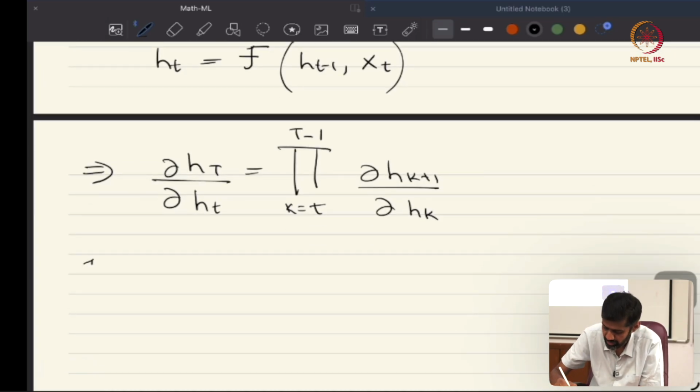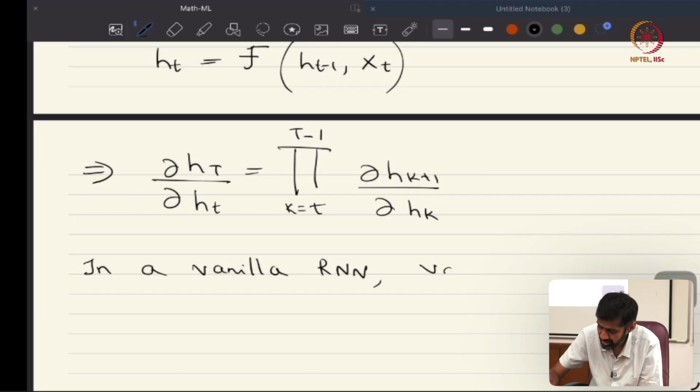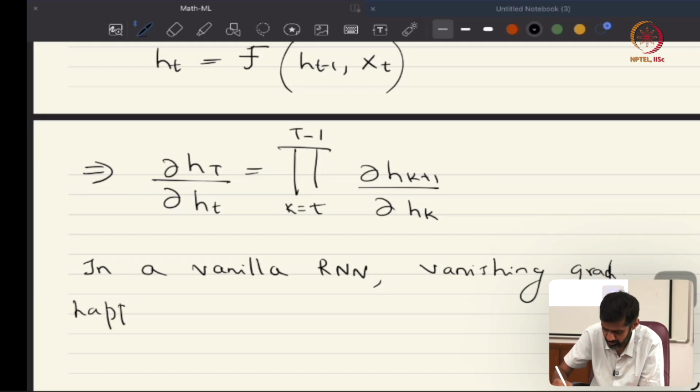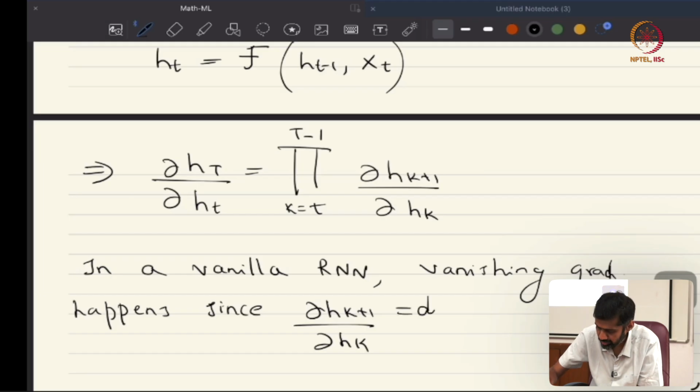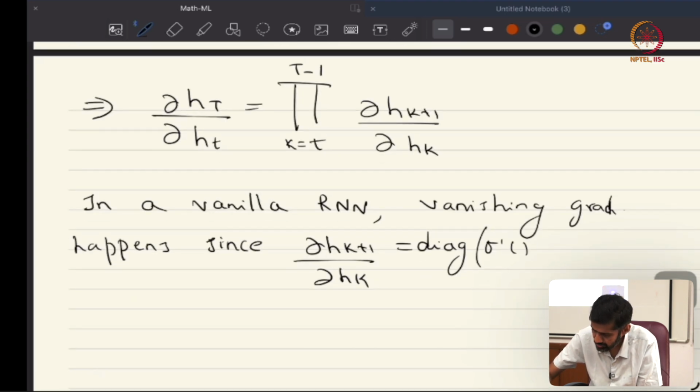Now, in a vanilla RNN, vanishing gradients happens because this term is multiplicative, we have diagonal of this sigma dash times w.